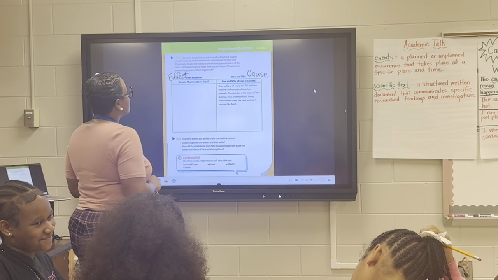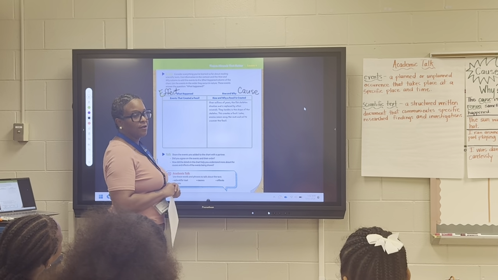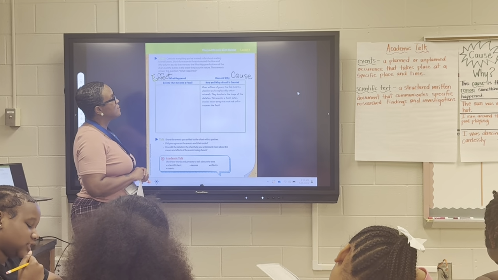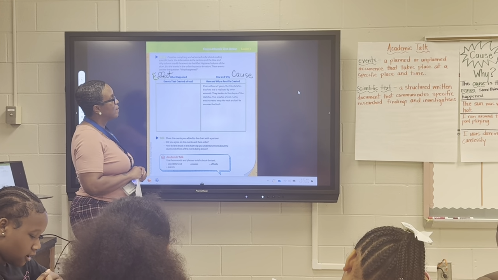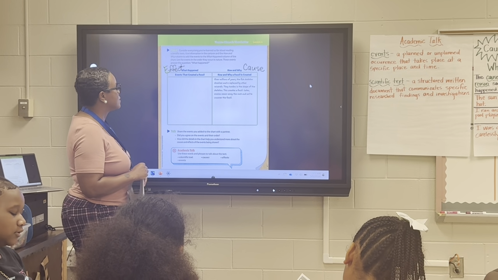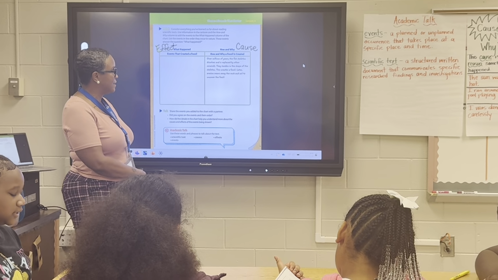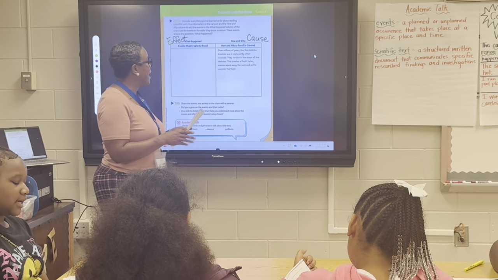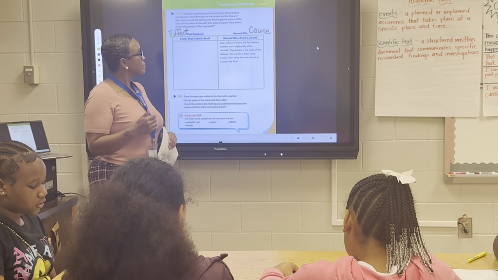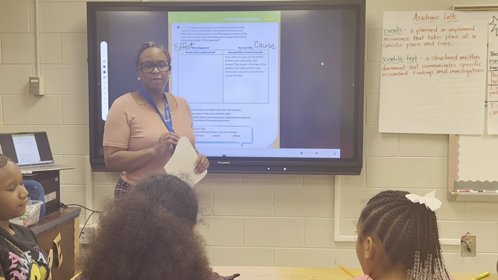All right, let's read the cause first. Let's read it together. Over millions of years, the fish skeleton dissolves and is replaced by other minerals. They harden in the shape of the skeleton. This creates a fossil. Later, erosion wears away the rock and soil to uncover the fossil.